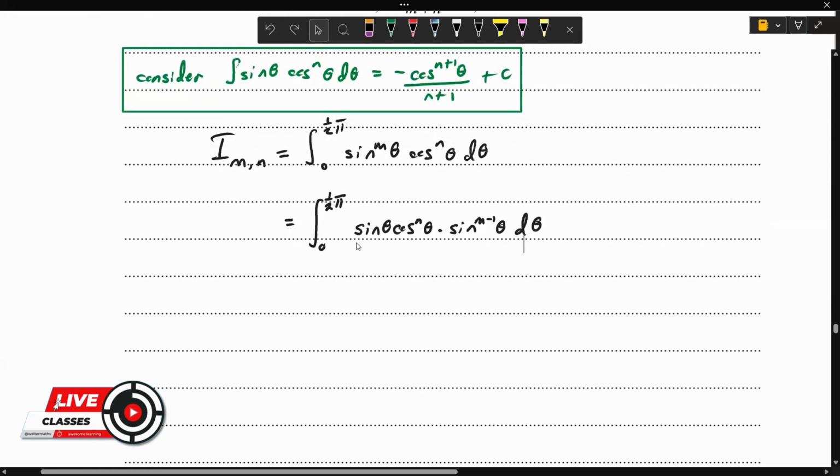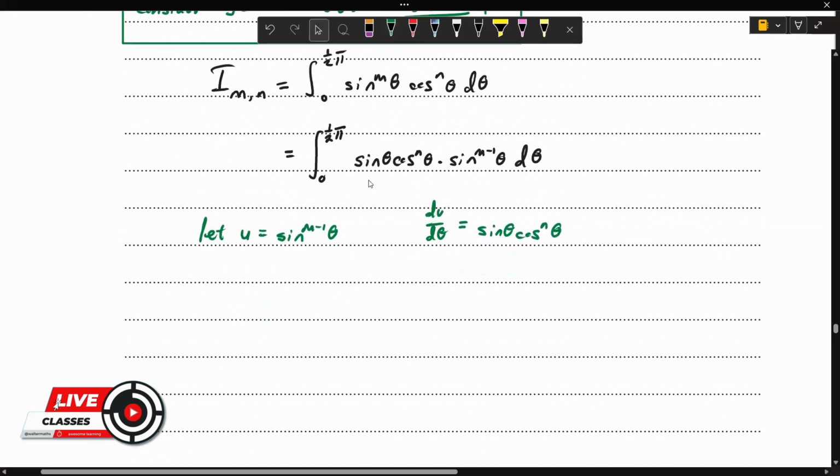This is important because with this thing that we have, we can now actually do integration by parts. Okay, I'm going to let u be equal to sine to the m minus 1 of theta and dv by d theta be equal to sine theta cos to the n of theta. All right.